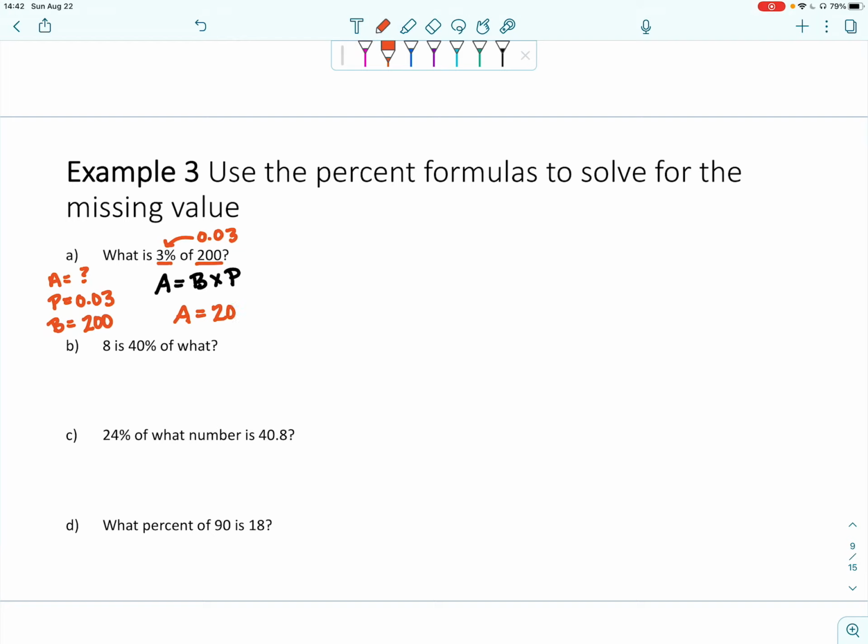So 200 times 0.03 tells me that A is equal to 6. 6 is 3% of 200.